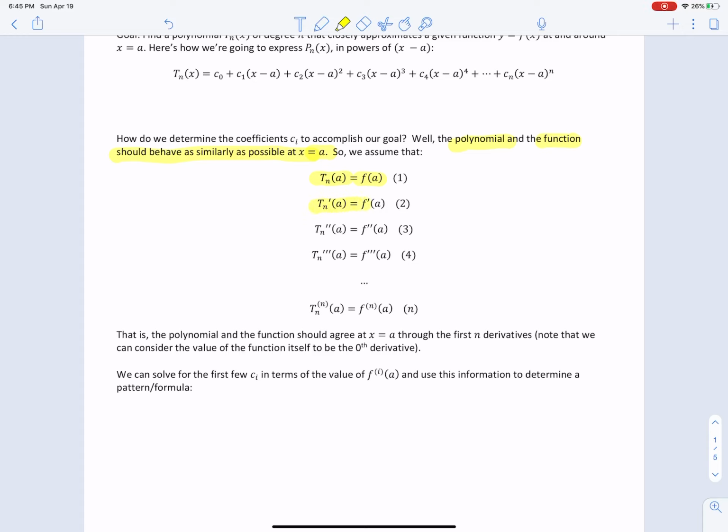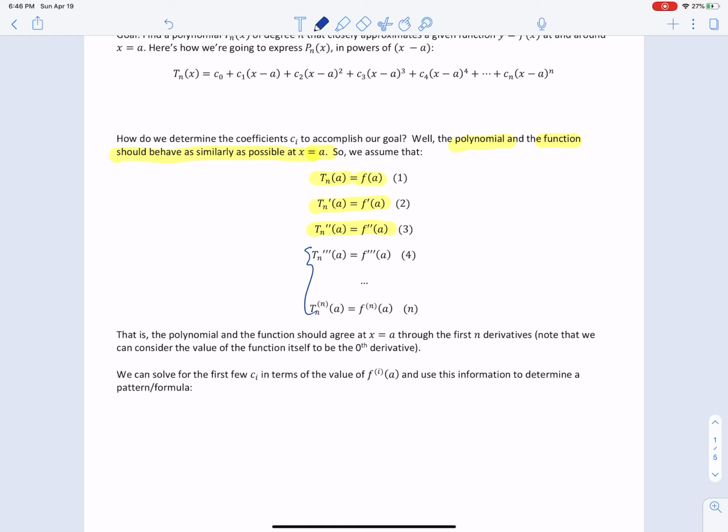Maybe they should have the same slope at a, and maybe they should have the same concavity at a. Since it's an nth degree polynomial, we can do that through the first n derivatives, because the nth derivative of this nth degree polynomial will be a constant, and beyond that our derivatives will be 0. So we can only go through the first n derivatives. But it seems like the polynomial we're seeking and the function we've got on hand should have those same properties at x equals a.